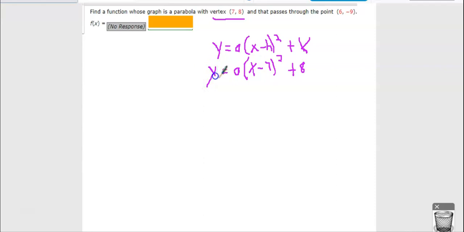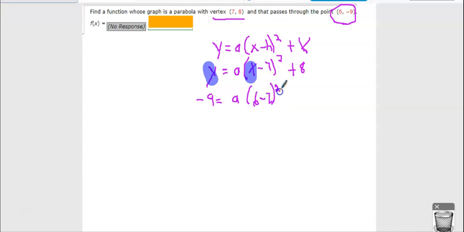Now, what do we do after that? Well, we haven't used this information yet. We're going to replace the x and the y with the x and the y given. So y is negative 9, we don't know the a, but the x is 6.